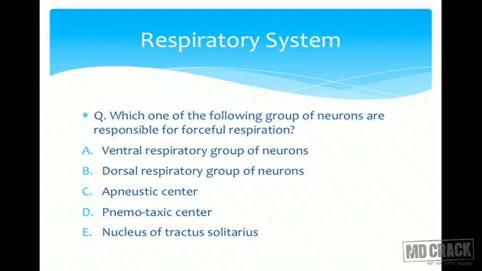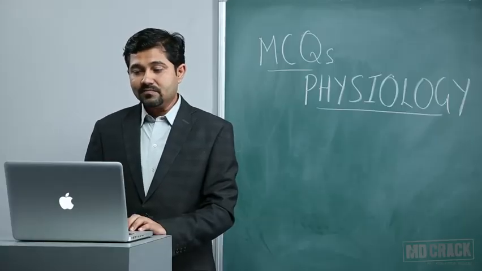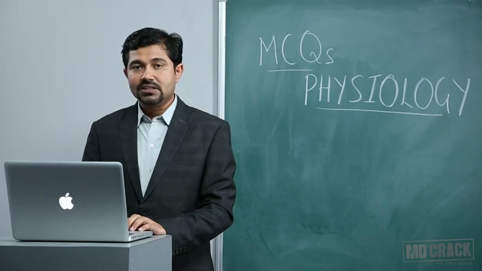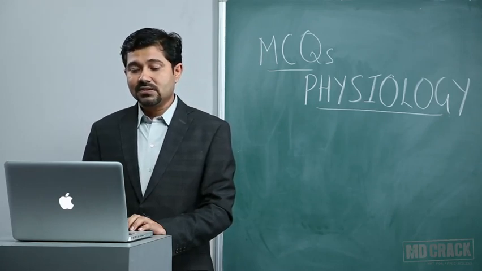Which among the following groups of neurons is responsible for forceful respiration? Ventral respiratory group of neurons, dorsal respiratory group of neurons, apneustic center, pneumotaxic center, and nucleus of tractus solitarius. To get to the answer, you can just remember the functions of the different groups of neurons.